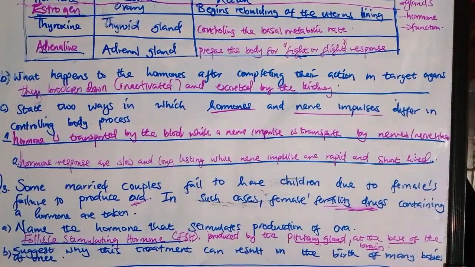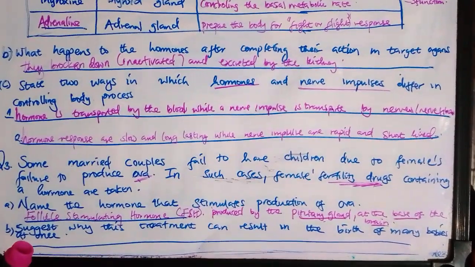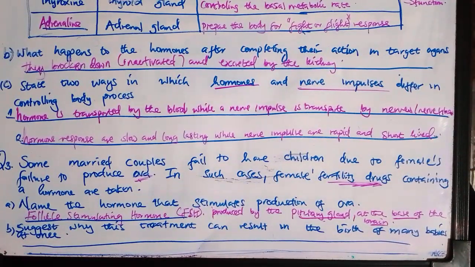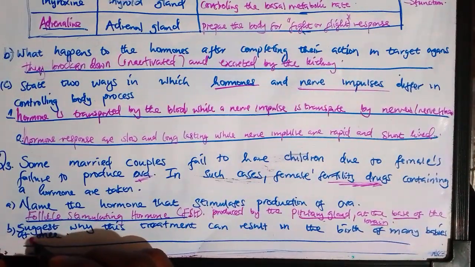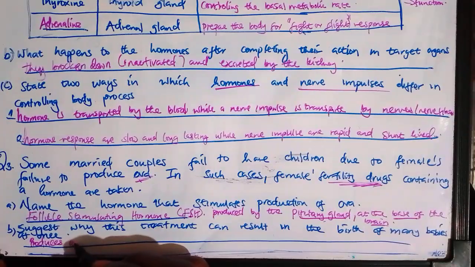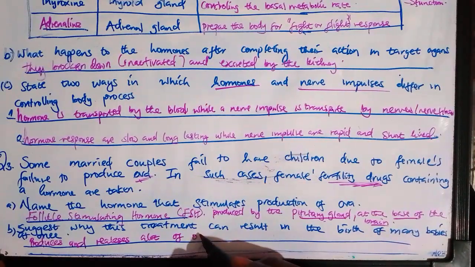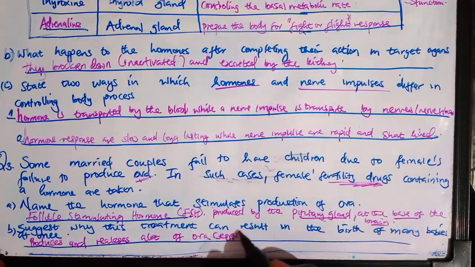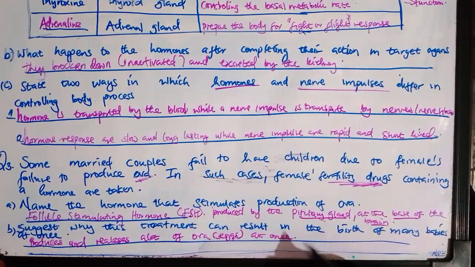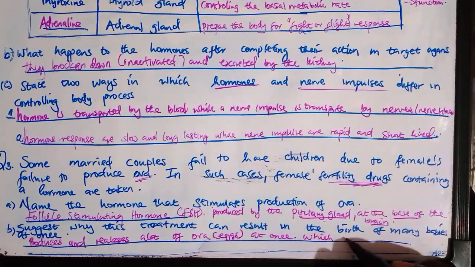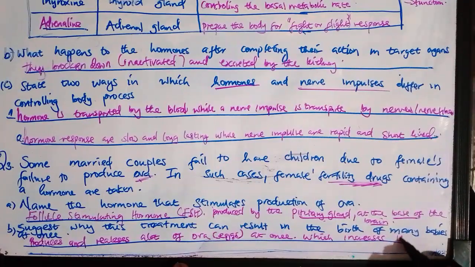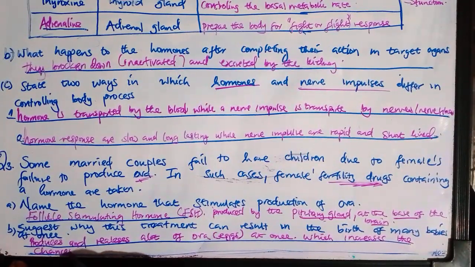So this follicle stimulating hormone can result in the production of many babies in the case that it produces and releases a lot of ova or eggs at once, which increases the chances of multiple fertilization.